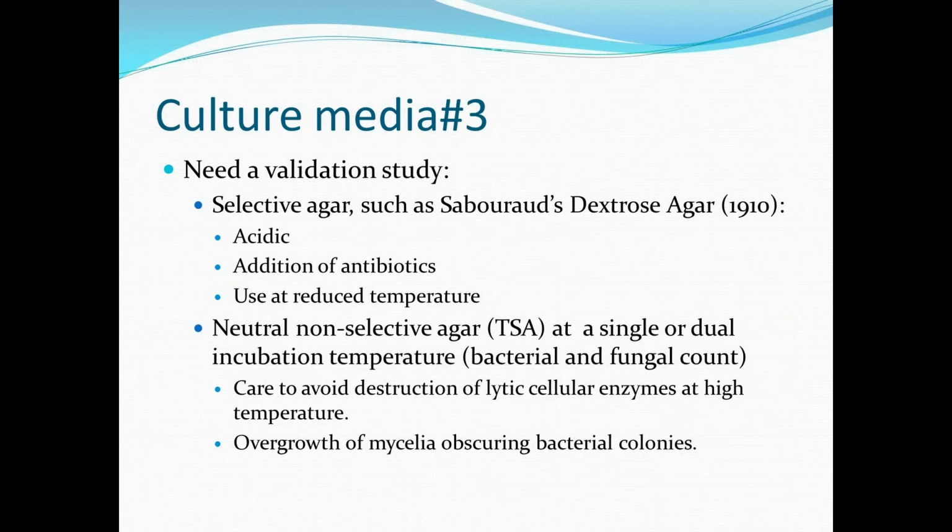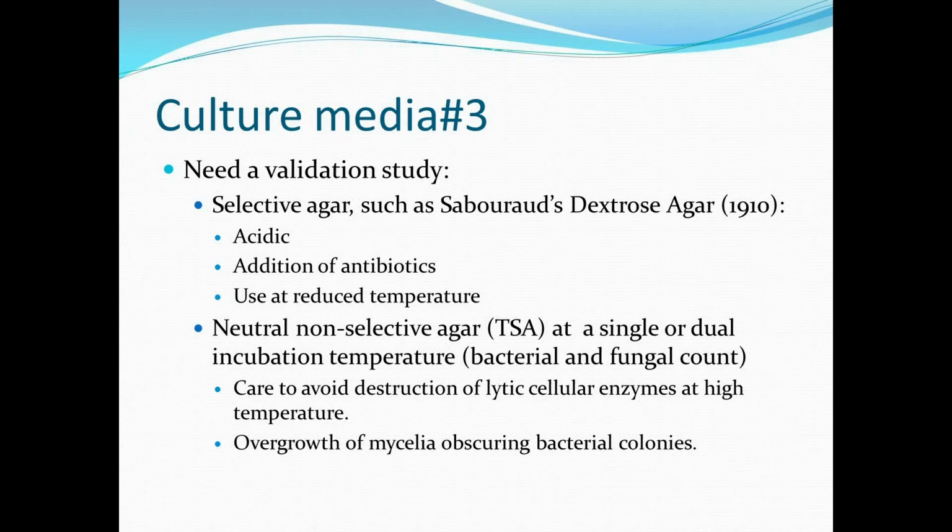Now, when picking a selective agar, many people do opt for Sabouraud dextrose agar, because it does appear in the European pharmacopoeia, United States pharmacopoeia, and Japanese pharmacopoeia. But if a selective or general purpose media is used, both do need a degree of qualification. And this needs to look at incubation time and temperature.